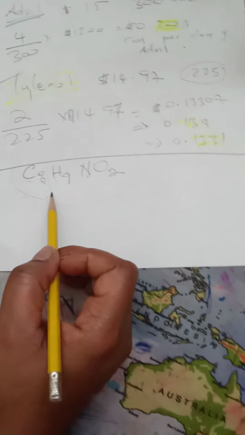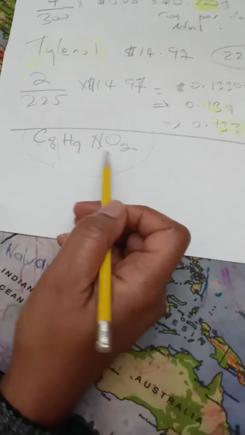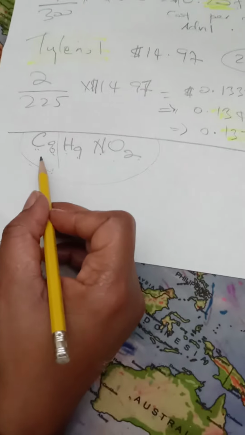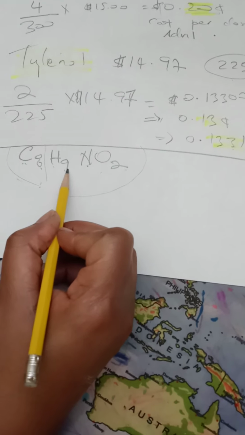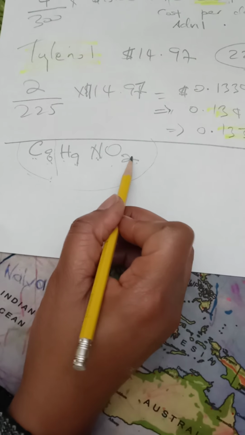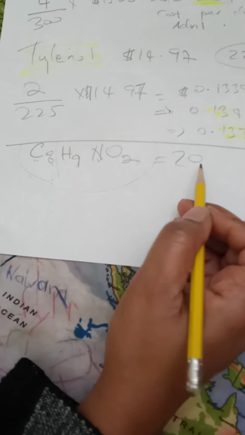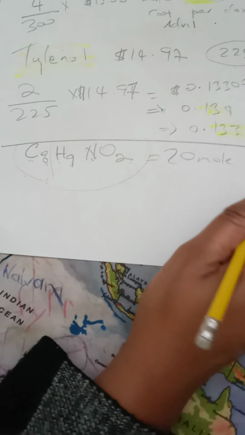Now overall it's 20 atoms making up the molecule. So 8, 9, 8 and 9 is 17, and 1 is 18, 19, 20. So 20 overall atoms in this pill.